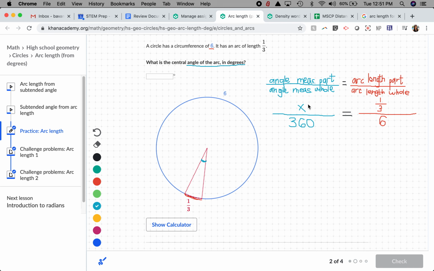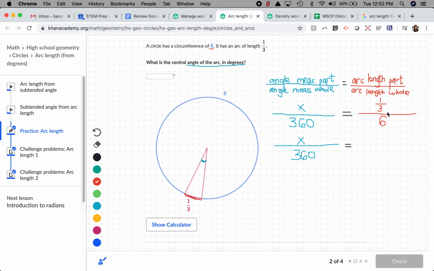Now there's many different first steps that you can take, but what I'm going to do is simplify this fraction on the right side first. So let's just copy exactly the left side of my equal sign. All right, now let's simplify.